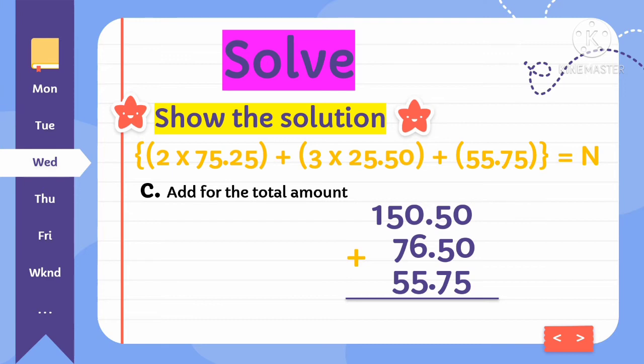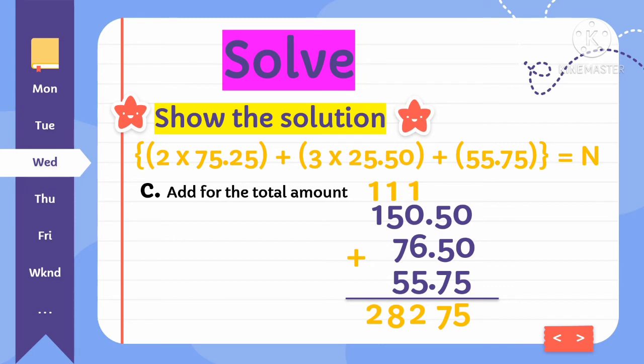So, add na natin. 0 plus 0 plus 5 is 5. 5 plus 5, 10 plus 7, 17. Carry 1. 6 plus 5 is 11 plus 1. That is 12. Carry 1. And 5 plus 7 is 12 plus 5, 17 plus 1. That is 18. Carry 1.